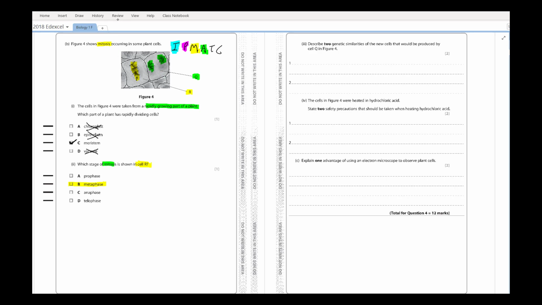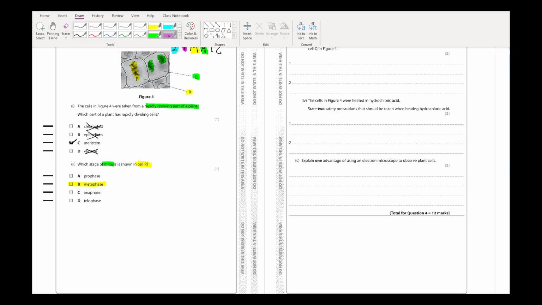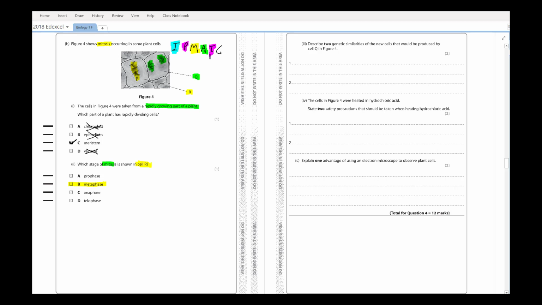Then telophase, where the nuclear membranes start to form around the chromosomes, and then cytokinesis, where the cell finally splits up. That's how I remember it. In an exam I'd draw a little picture under each diagram and use that as my reference. So the answer is metaphase.